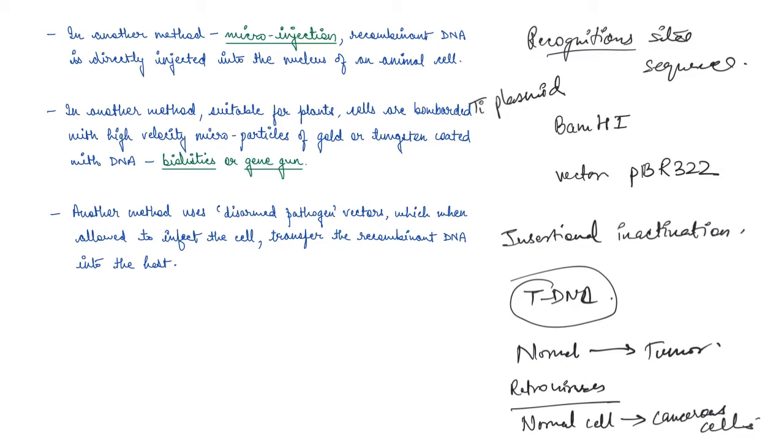So these are several methods of inserting the recombinant DNA which is formed inside the host. But yes, guys, always remember that the host has to be competent enough to take up the recombinant DNA that we have formed, right? So, guys, with this, we have finished all the various tools which are required for recombinant DNA technology. I hope you would have understood all the tools properly.